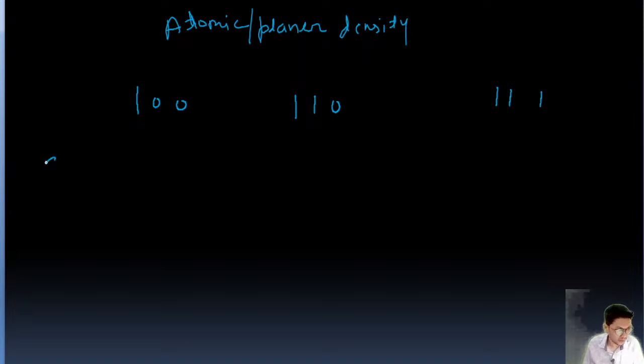And this is for the SC crystal, this is for the BCC crystal, and this is for the FCC crystal. So the planar density for SC is 1 upon a square, for BCC 1 upon a square, and 1 upon a square.